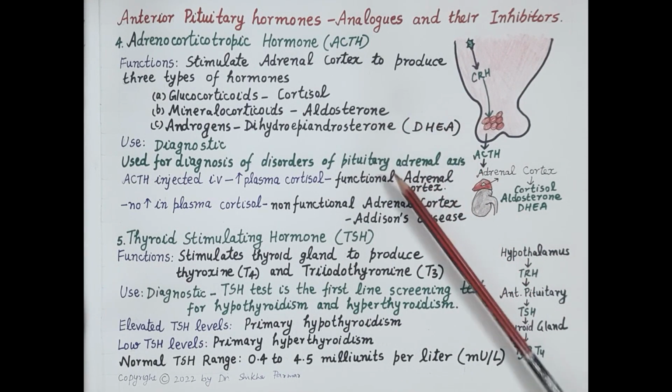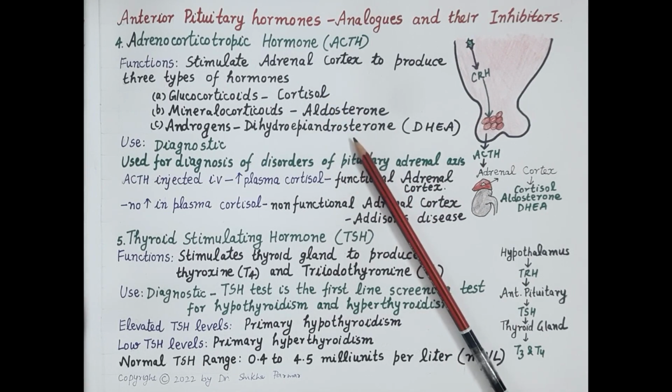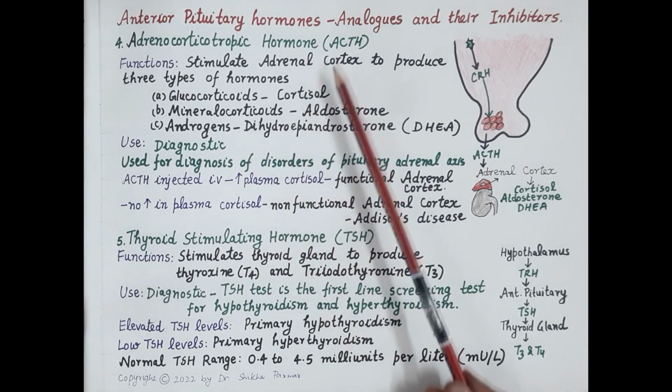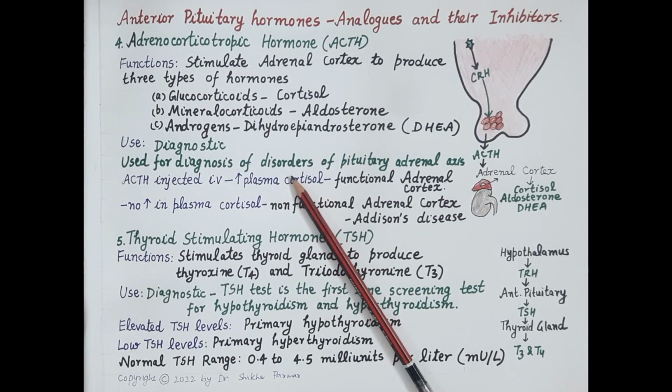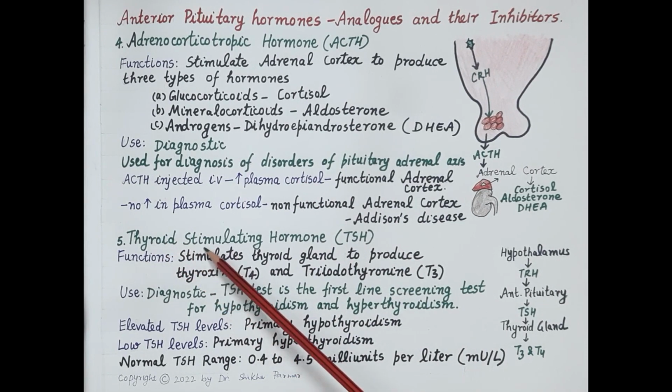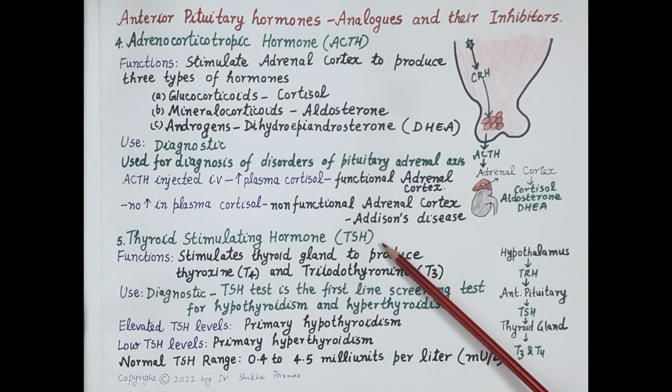So, this is about ACTH, the hormones that are produced by the stimulation of ACTH and the diagnostic use of ACTH. After ACTH, let's talk about the next hormone that is released by the anterior pituitary, that is the thyroid stimulating hormone, in short TSH.